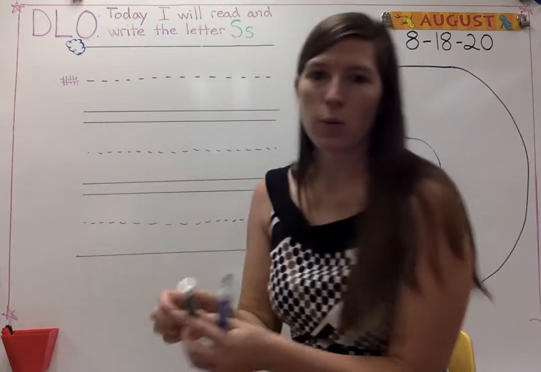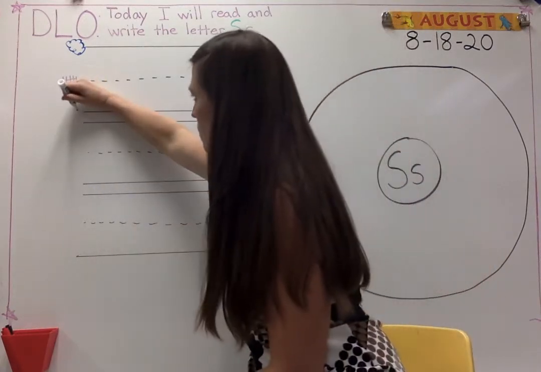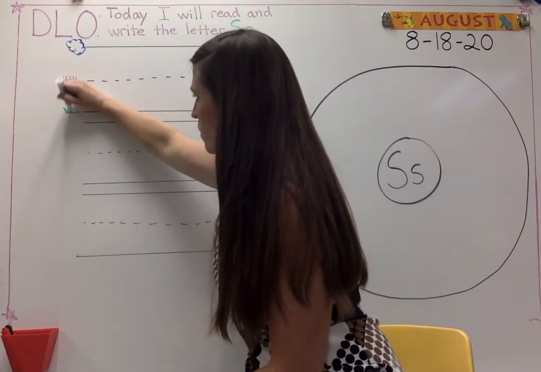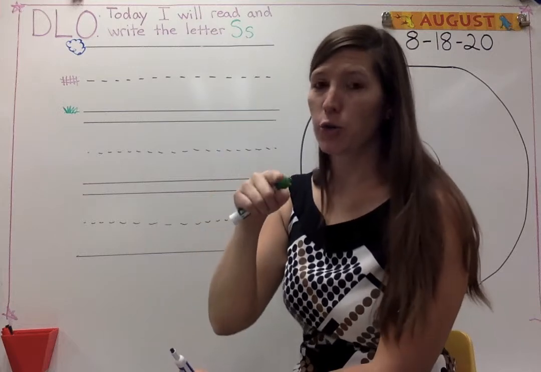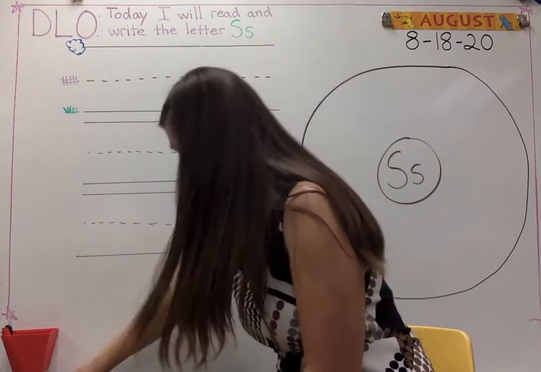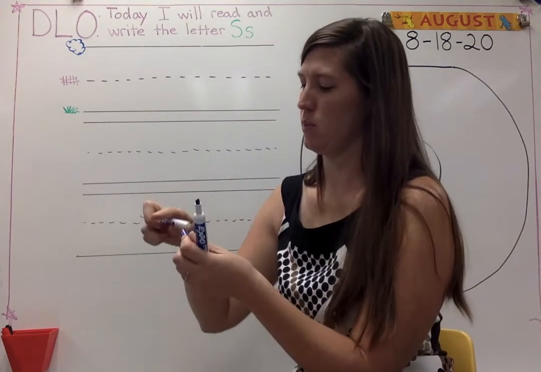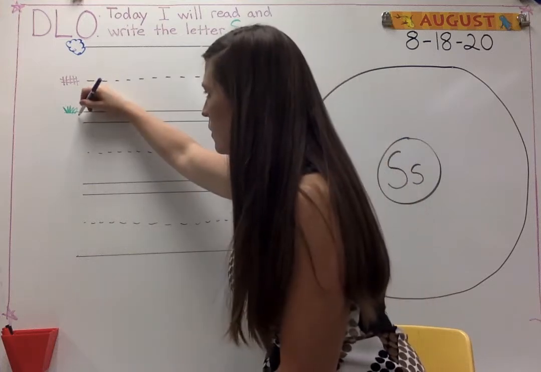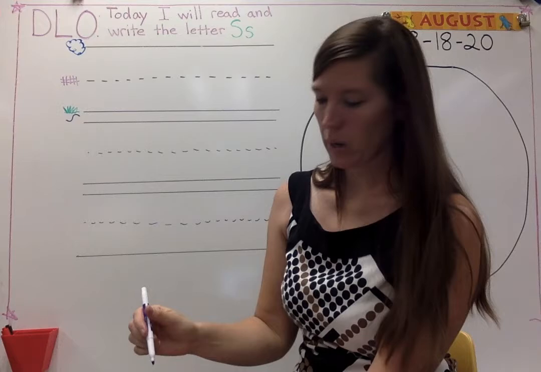On the ground, I'm going to draw a little patch of grass. Some of our letters go underground, so I will draw a little worm. I'll do a little purple worm. Now we're ready to get started.